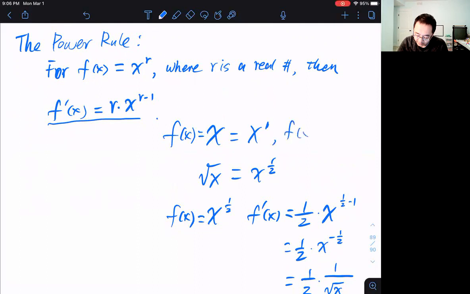So f prime of x then equals 1 times x raised to the 1 minus 1 power, which is 1 times x raised to the 0th power, and anything raised to the 0th power is 1. So that is 1 times 1, which is 1, right? So in this case, x will disappear and you'll get a constant.